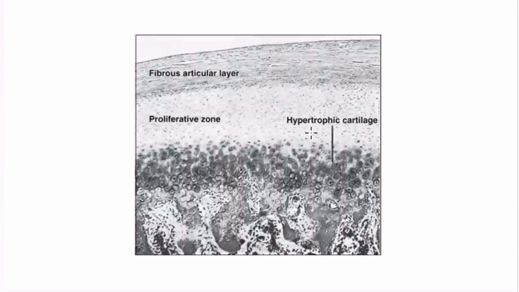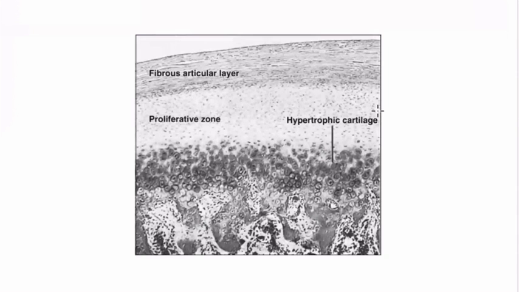This is absent here in the TMJ. We have just chondrocytes separated by collagen 1 fibers in between. We call it the fibrocartilaginous layer. Because it's rich in collagen, it is mostly acidophilic. You see that it is light in color.